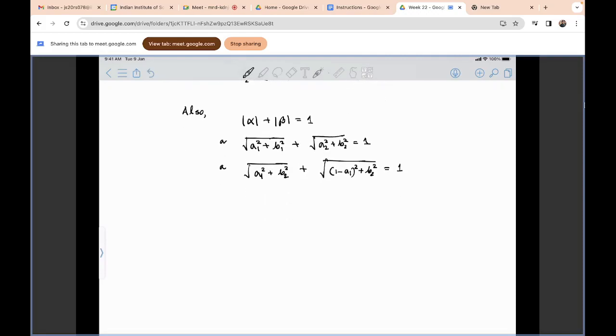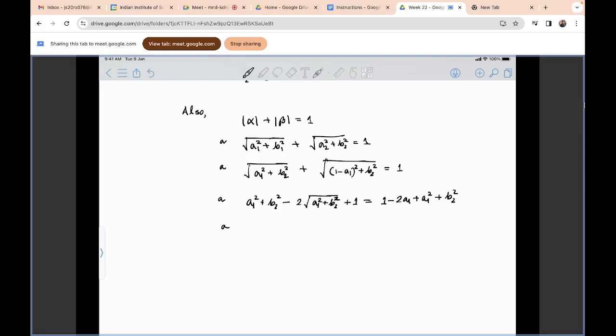Now take this to the other side and square it out. So if you square it out, what you will get: A1 square plus B2 square minus 2 square root of A1 square plus B2 square plus 1 equals 1 minus 2A1 plus A1 square plus B2 square.